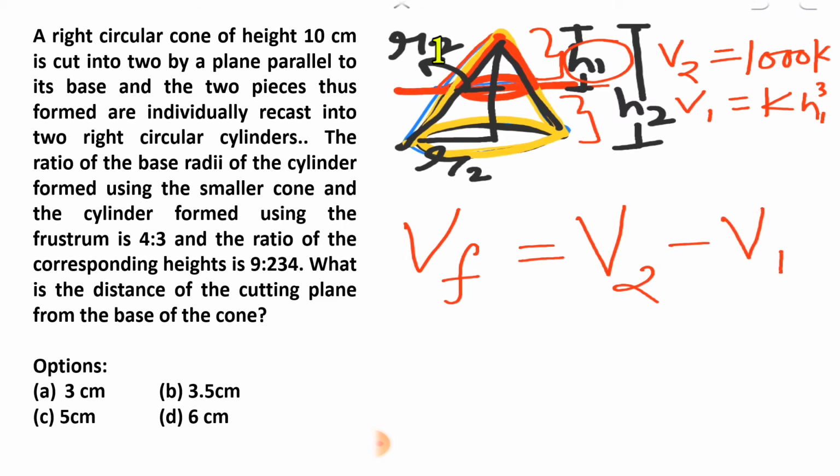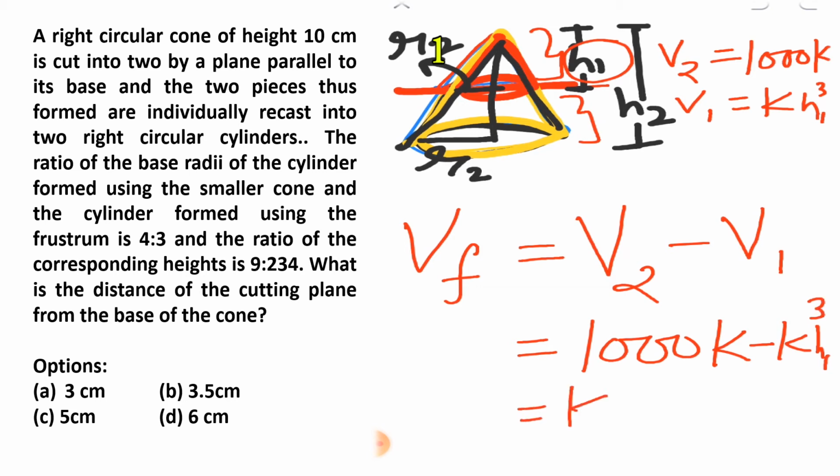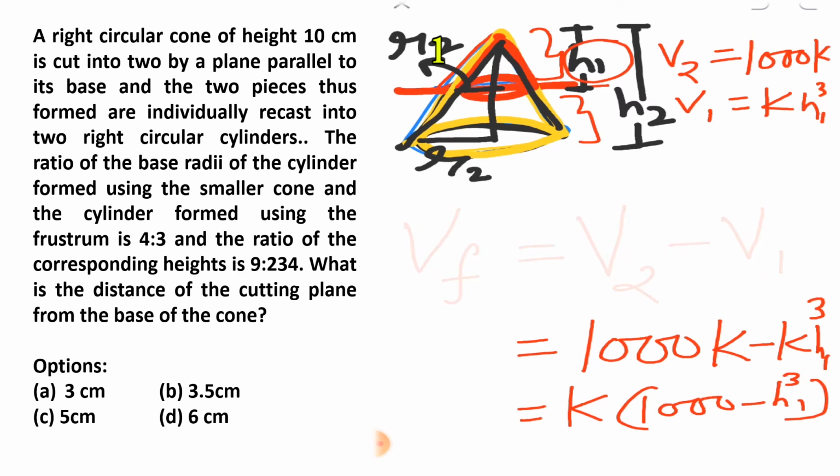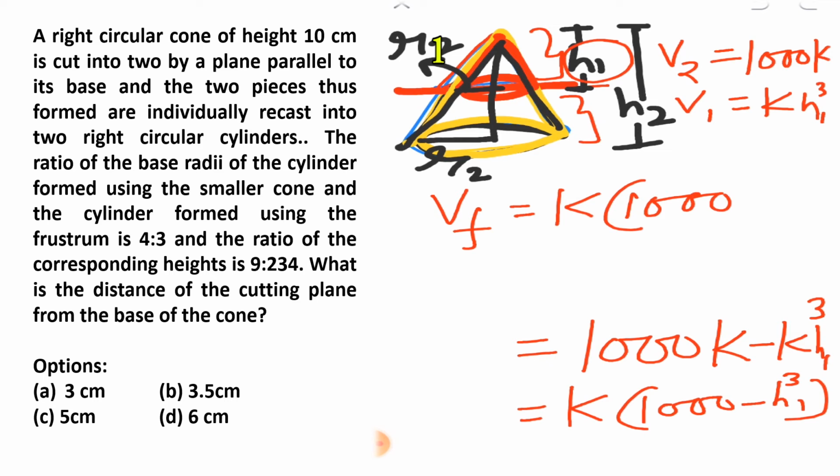That is 1000 K minus K H1 cube. K is common, so the volume of the first frustum is K into the bracket 1000 minus H1 cube.